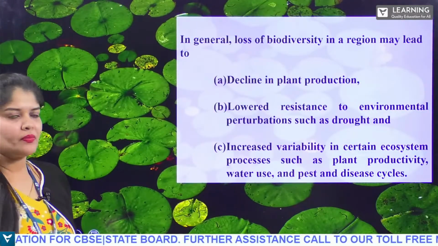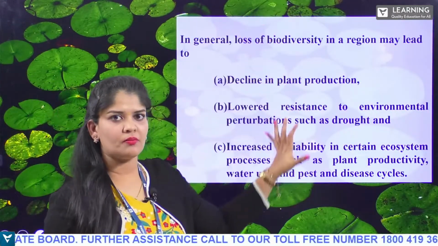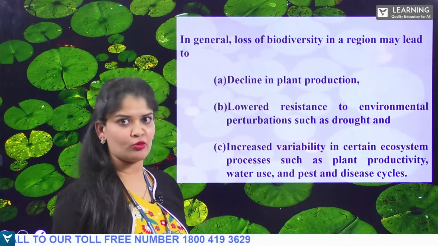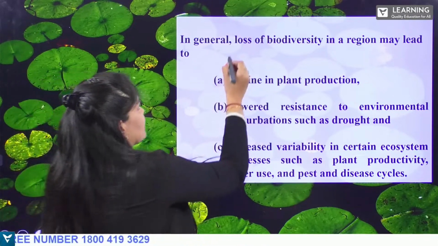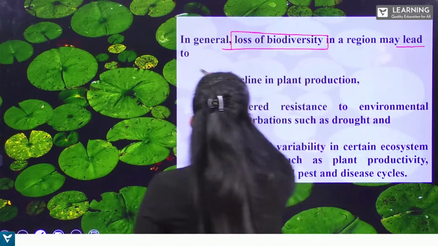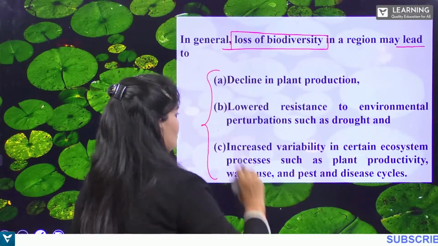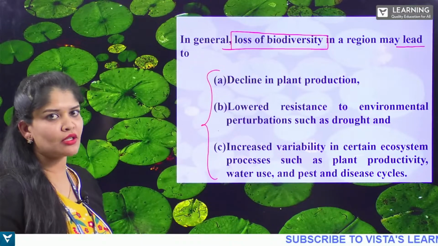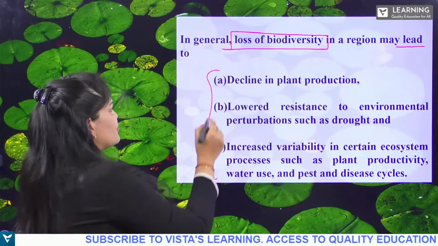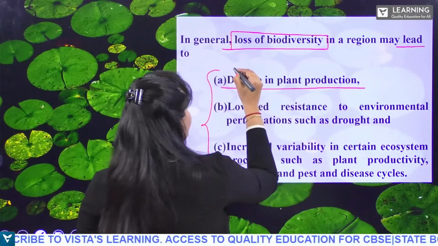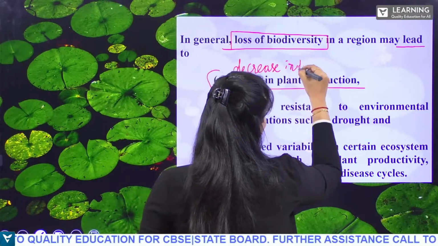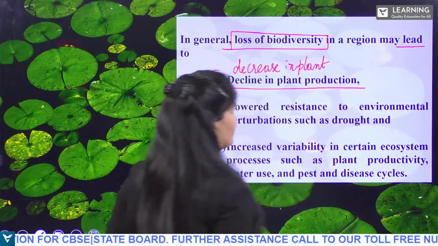So these are the general effects that come from the loss of biodiversity. Let's see. In general, the loss of biodiversity in a region may lead to the following conditions in a particular area. The first thing is a decrease in plant productivity.